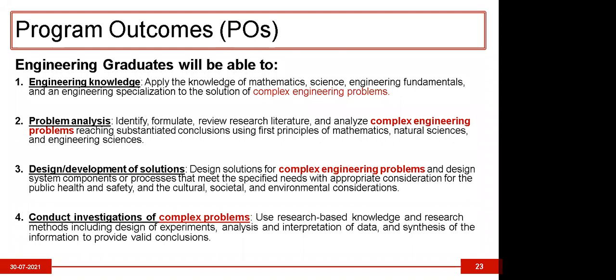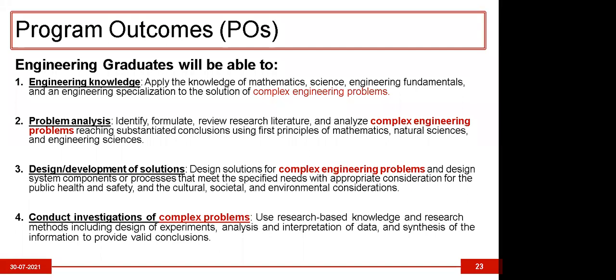Here we have the 12 graduate attributes, which we are going to call, through NBA, the program outcomes. They focus on engineering knowledge for the solution of complex engineering problems, problem analysis for analyzing complex engineering problems. The complex engineering problems are the key concern here.